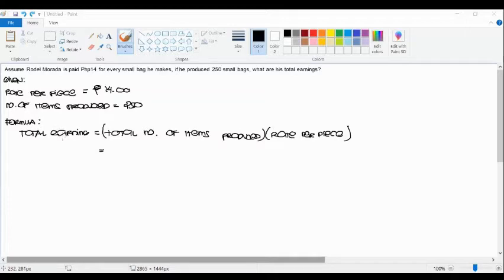So the formula that we're going to use is total earning equals total number of items produced multiplied by rate per piece. So we have 250 multiplied by 14, and that will give us an answer of 3,500 pesos. So therefore, Rodel's total earning is 3,500 pesos.